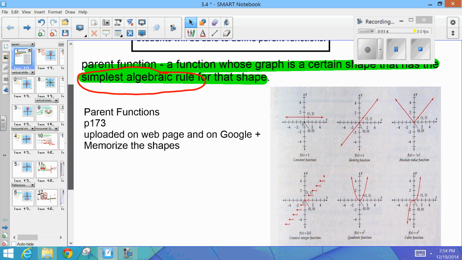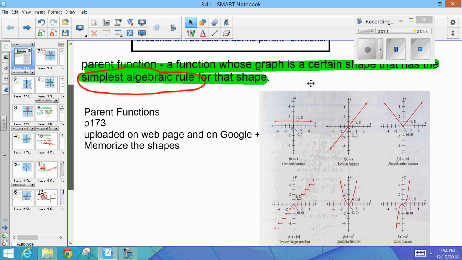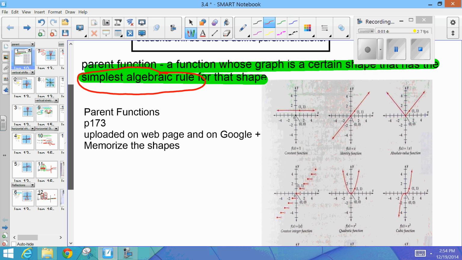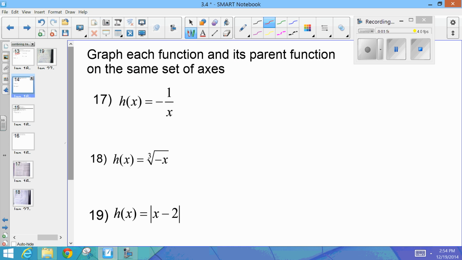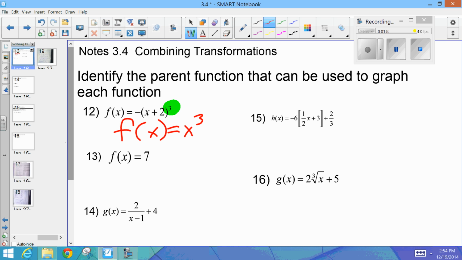It is the constant function right here. There it is, the constant function. The algebraic rule for that, let's call that f of x equals c. The parent function is f of x equals c, where c is a constant number.